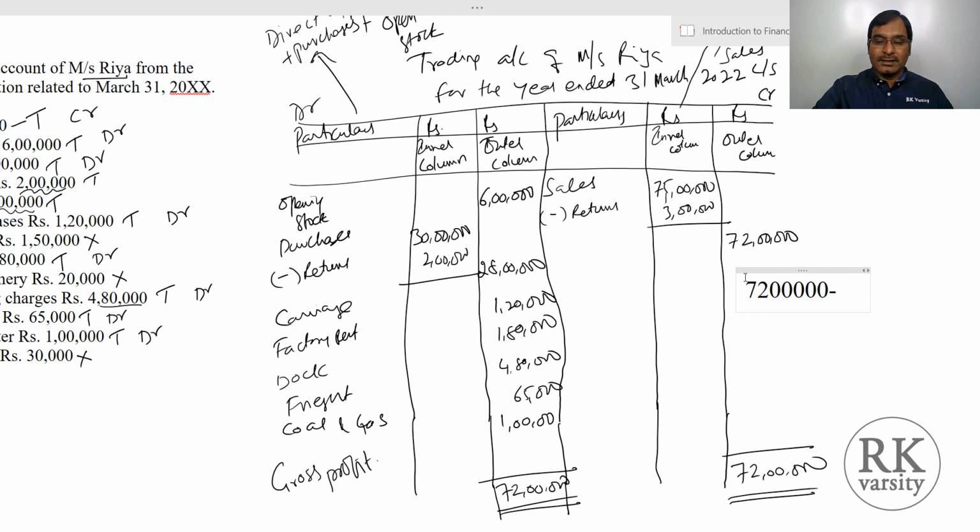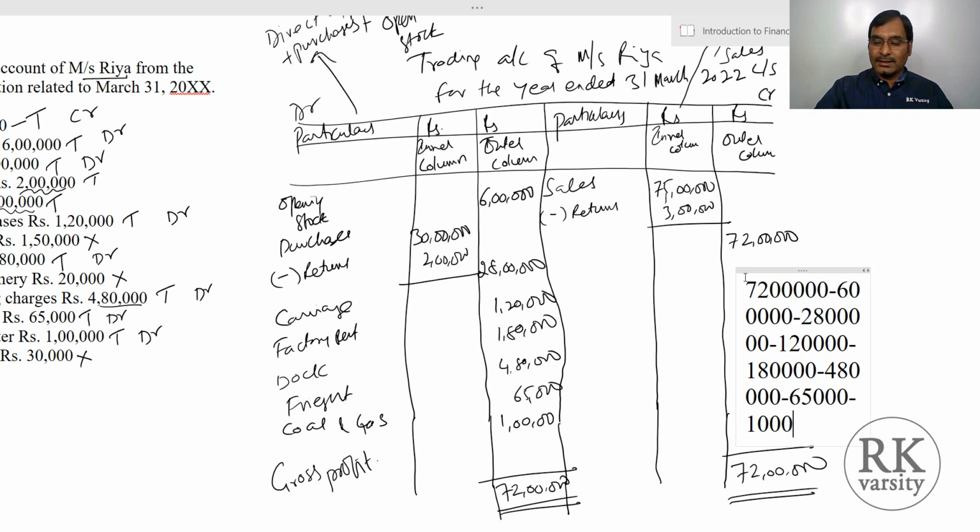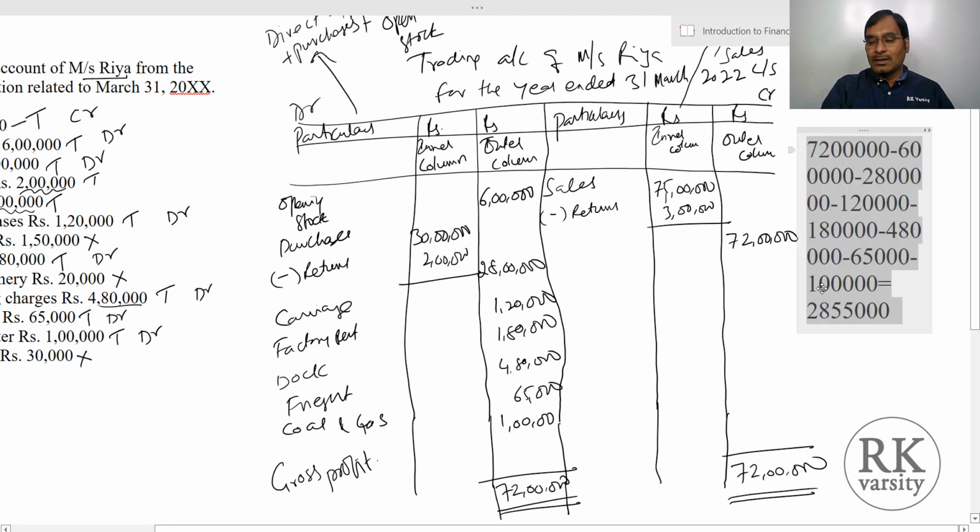This minus 6 lakhs is the opening stock, minus 28 lakhs our purchases, minus 1,20,000, minus 1,80,000, minus 4,80,000, minus 65,000, minus 1 lakh. So this gives you 28,55,000 is your gross profit.